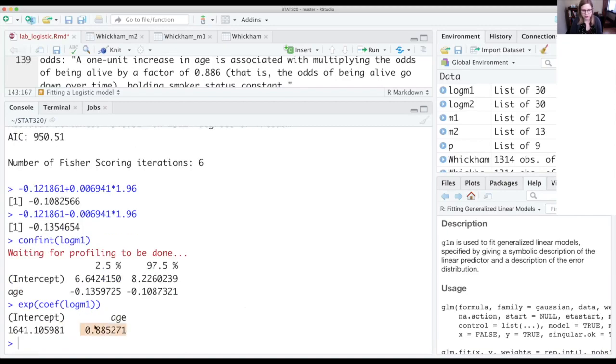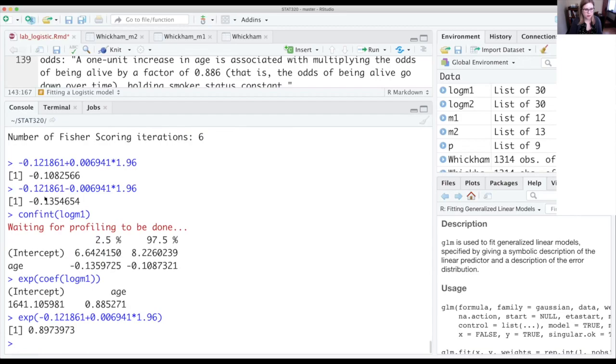This is my odds ratio, the 0.88. For a 1-year increase in age, the odds of being alive get multiplied by 0.88. That's the odds ratio. So we want a confidence interval that's centered around 0.88. And I don't know, it's possible you could just exponentiate this. Let's try it. And then this as well.